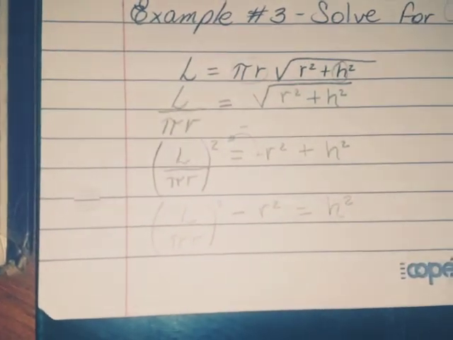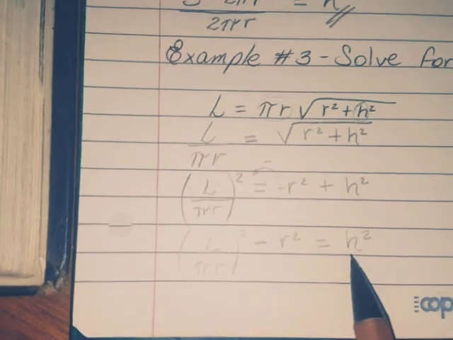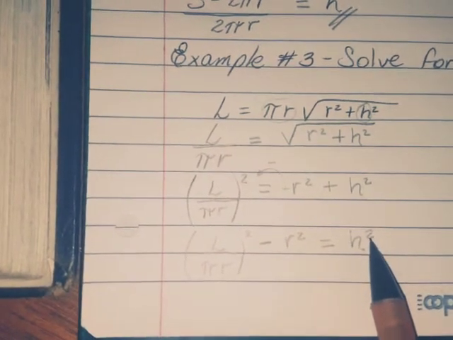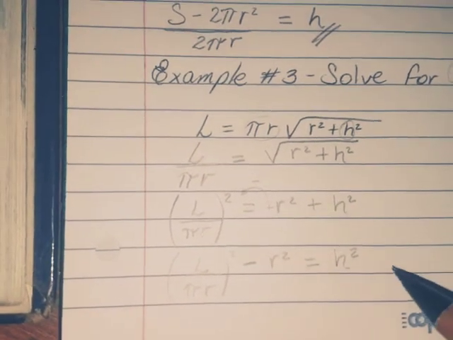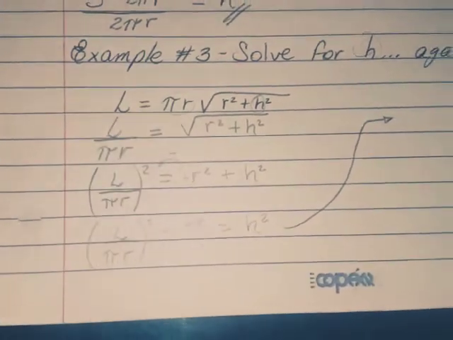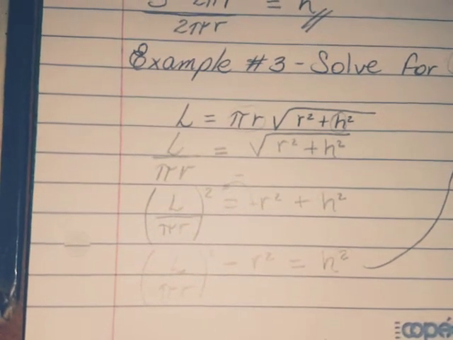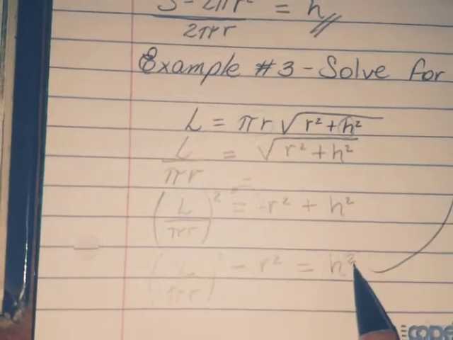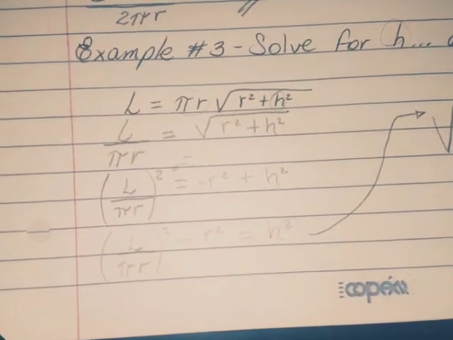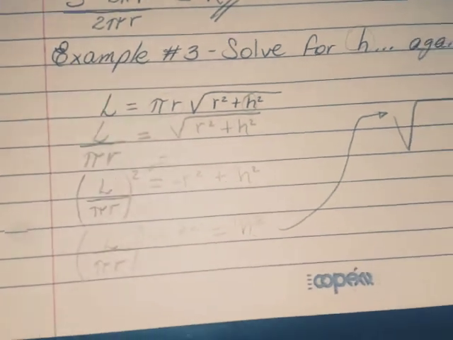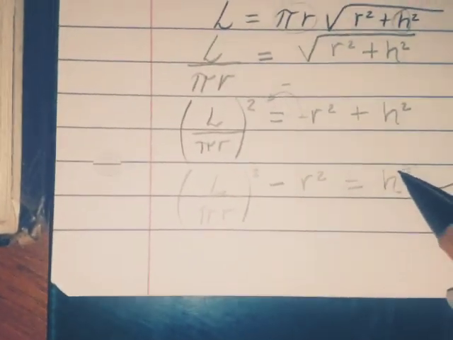Okay, we're almost there. Why do I say almost? Because even though h is alone by itself on that side of the equal symbol, we have an exponent. And for the h to be isolated, we cannot have roots nor exponents. So let's continue on this side. What is the inverse operation of the exponent? Yes, that's right. It would be the square root. So I'm going to put everything inside of a square root to get rid of this square.